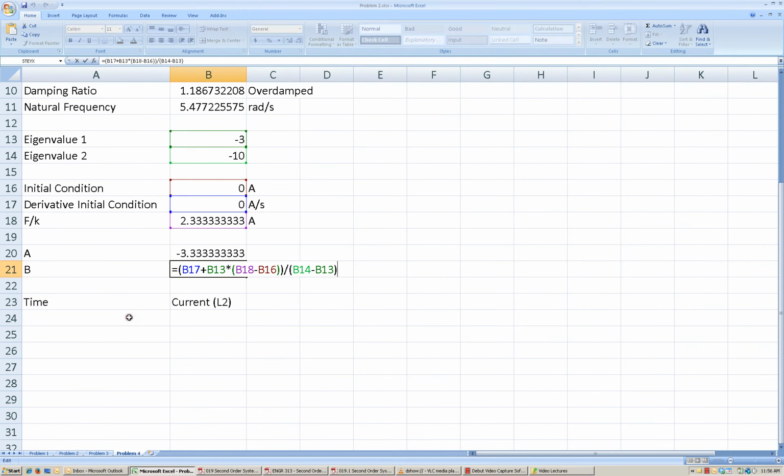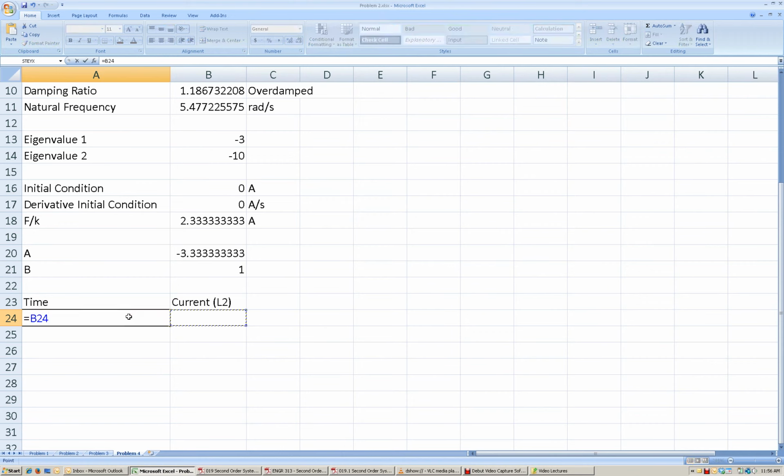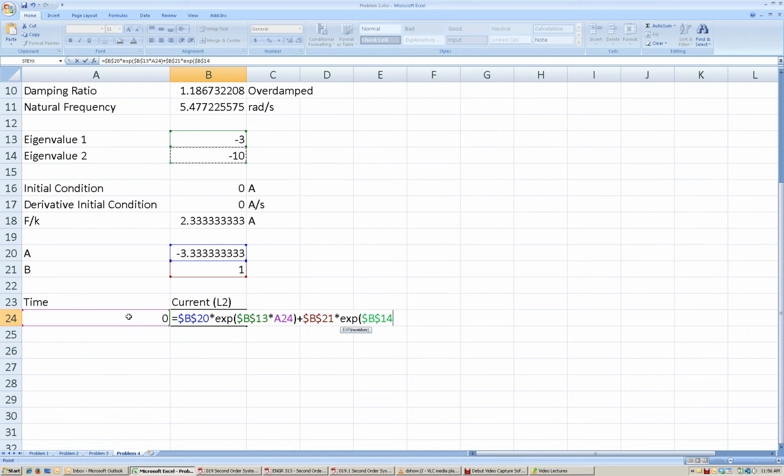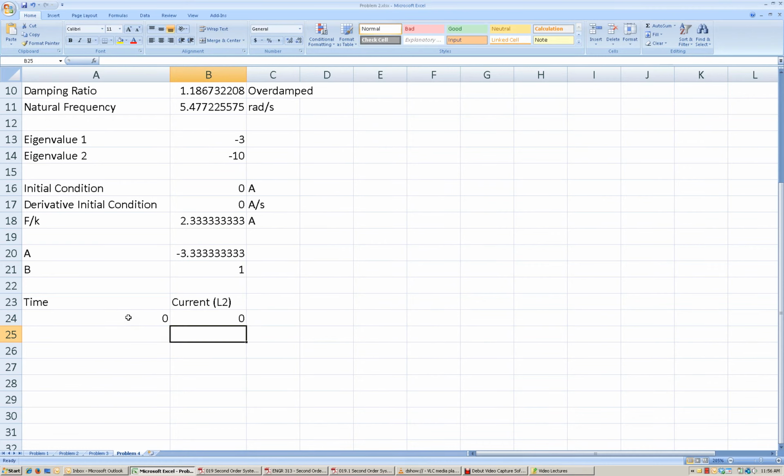At time 0, I'm going to have A times the exponential function raised to the lambda 1 times time, plus B times the exponential function raised to the lambda 2 times time, plus F over K. Then I'm going to step this in, let's see, we'll try steps of 0.1 first and see how that goes.